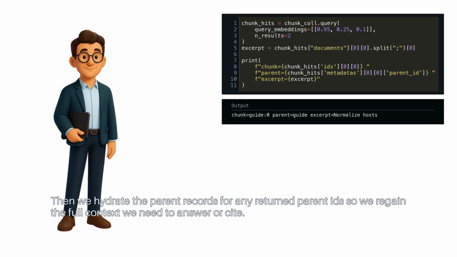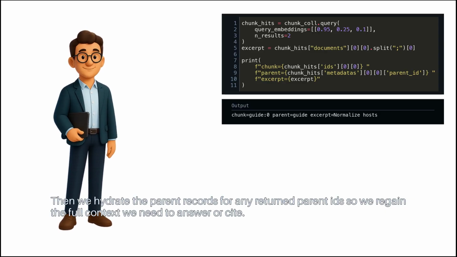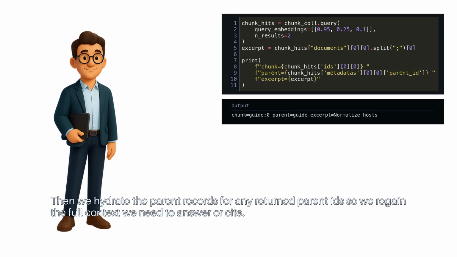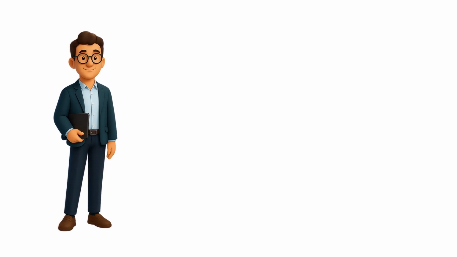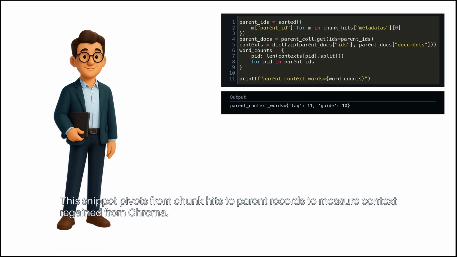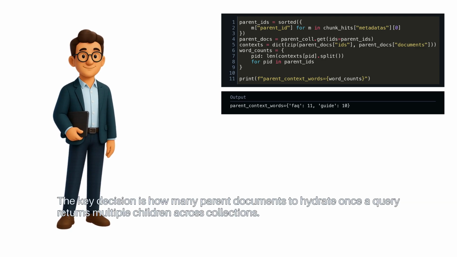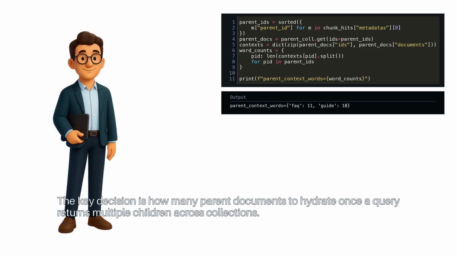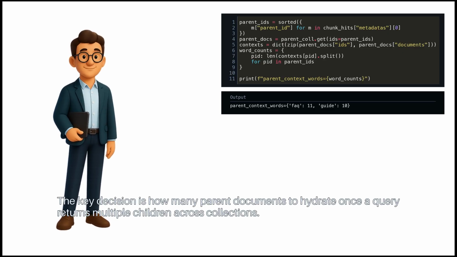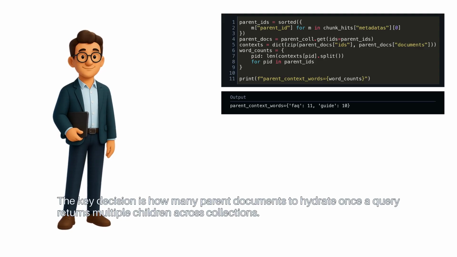Then, we hydrate the parent records for any returned parent IDs, so we regain the full context we need to answer or cite. This snippet pivots from chunk hits to parent records to measure context regained from Chroma. The key decision is how many parent documents to hydrate once a query returns multiple children across collections.